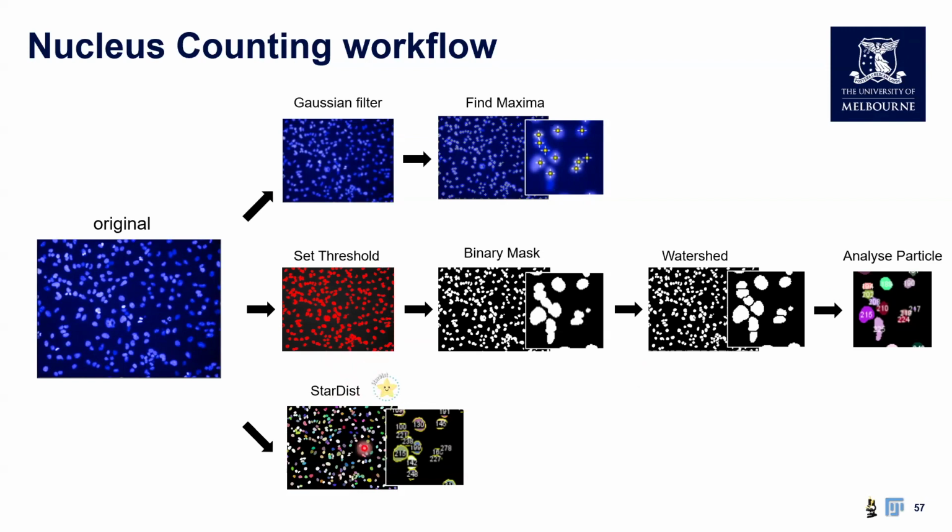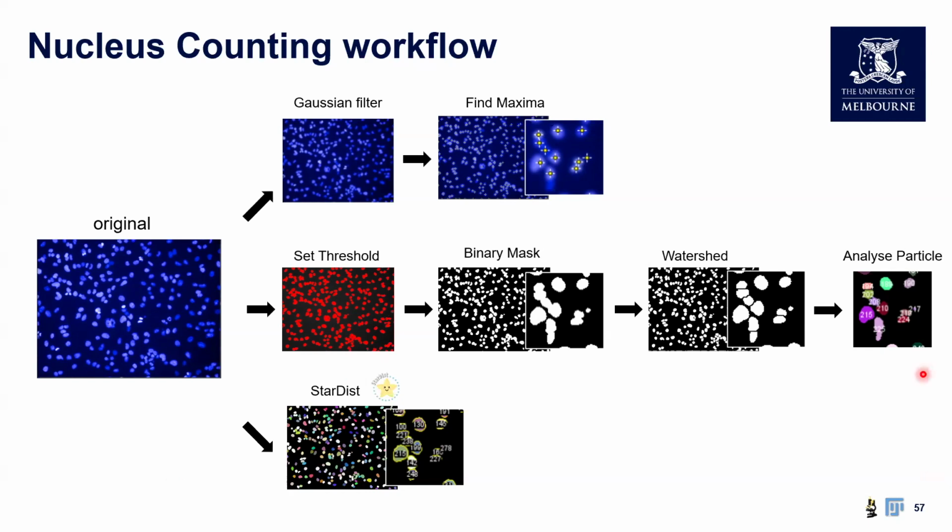But each trained model will work properly only for the type of images it was trained on. That means we can use StarDist for this type of image, but we cannot use it for other types of images. For example, if you want to detect cells, then we'll have to find a different trained model.